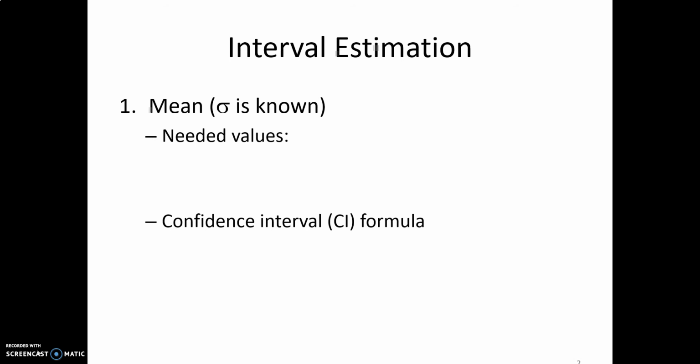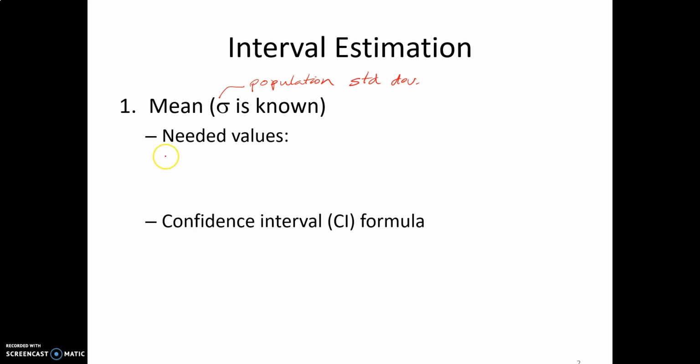So let's go into the three types that we're going to develop. The first type is when we know the standard deviation from the population. So this value here is the population standard deviation. This value is known to us. So what we need in order to develop our first confidence interval, or interval estimation, is data from our sample.